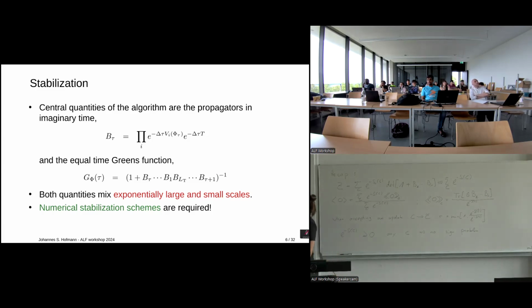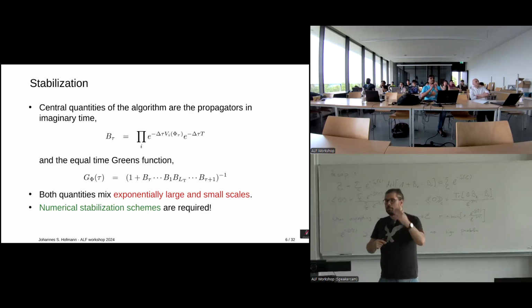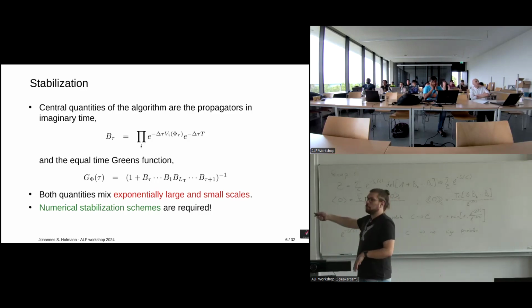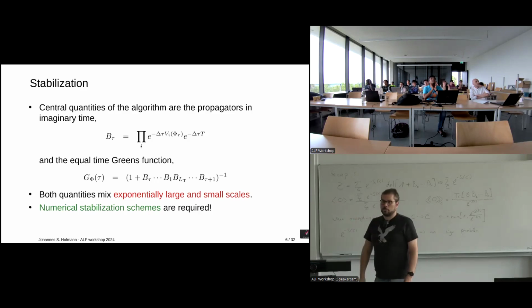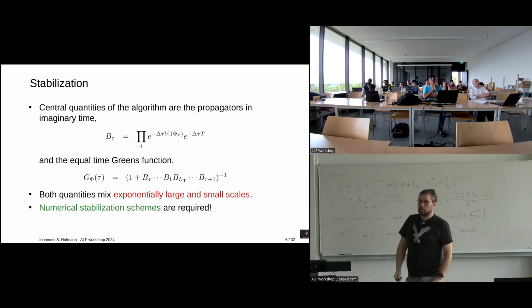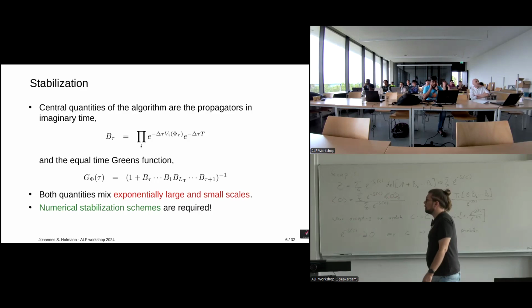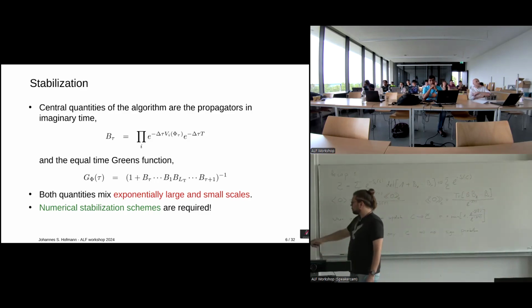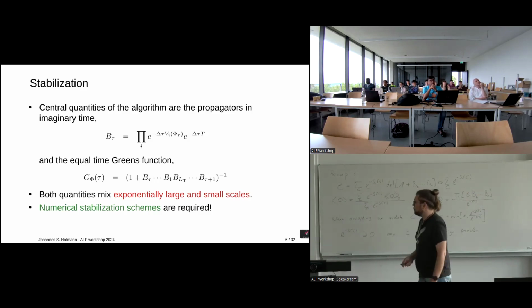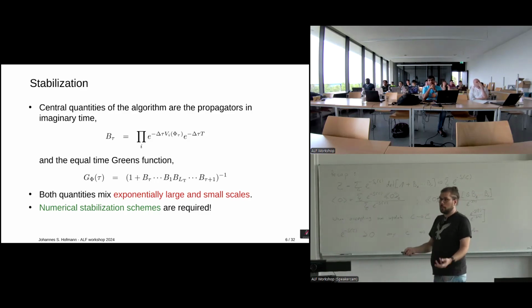And if you think about the hopping term, for example, often you have states below and above the Fermi surface. So there are positive and negative eigenvalues in the hopping matrix T. So you generate exponentially large and small scales. And the same applies to the interaction since the auxiliary field gets flipped sign. So in general, just multiplying all of these exponentiated matrices will lead to numerically unstable results.